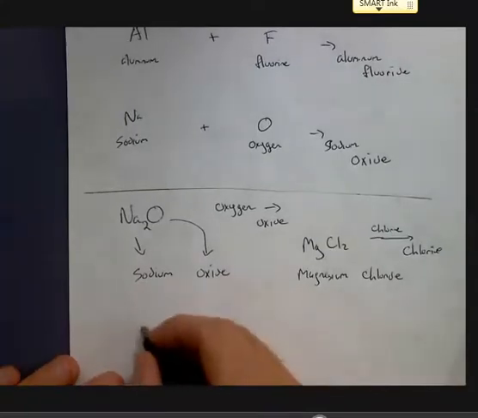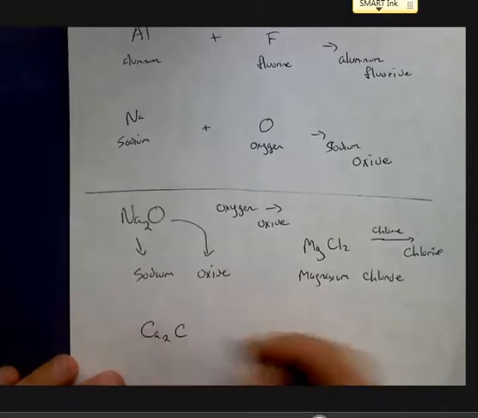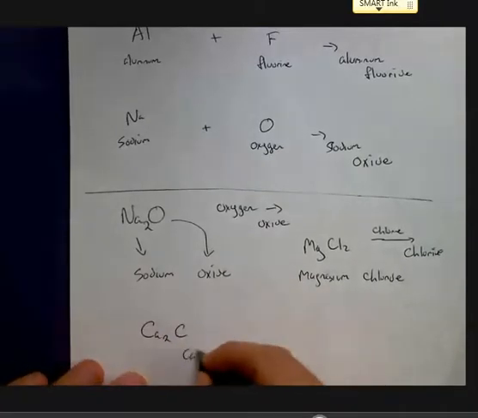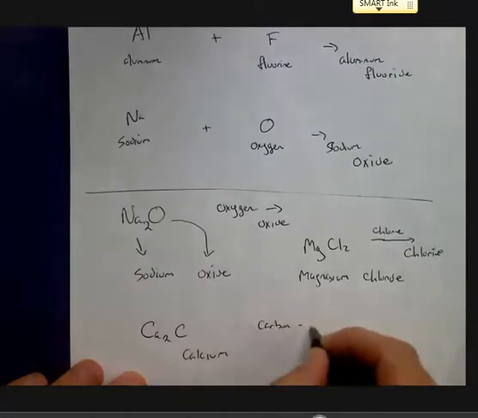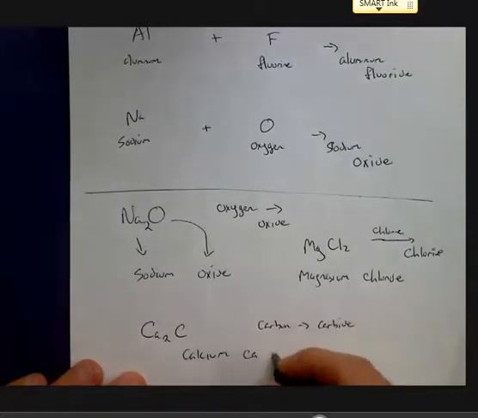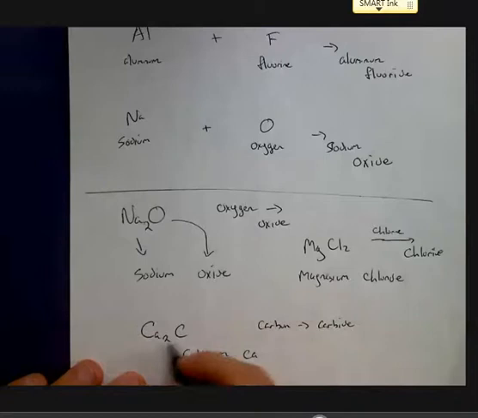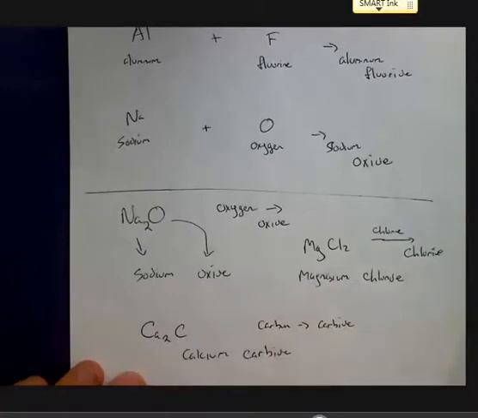So if we have something interesting, let's say, ooh, how about this? Ca2C. That would be calcium carbon, which would become carbide. So Ca2C would be calcium carbide. And that's all there is to it.